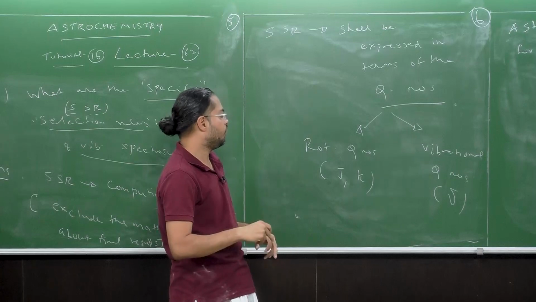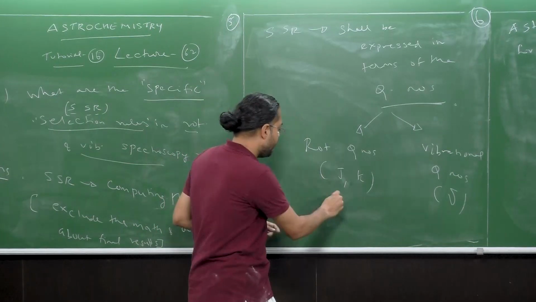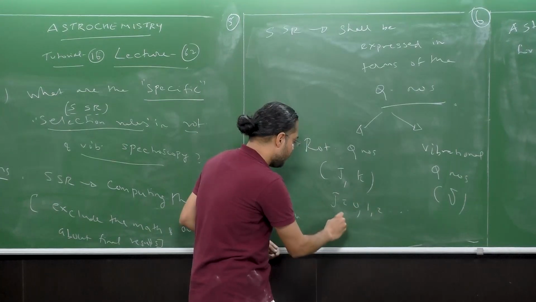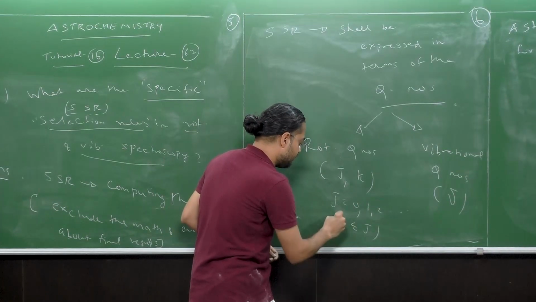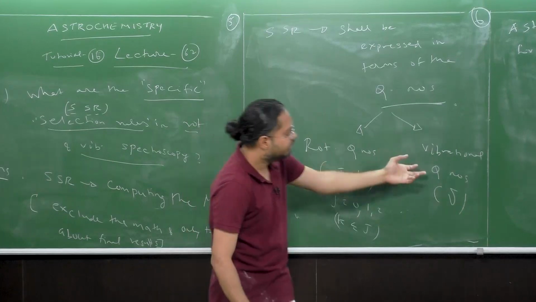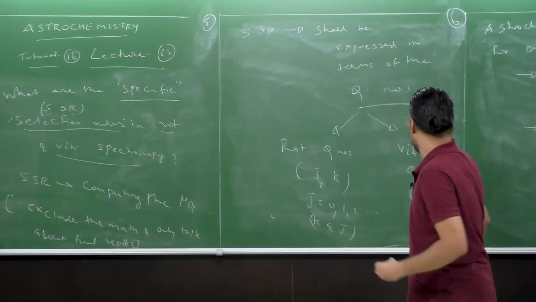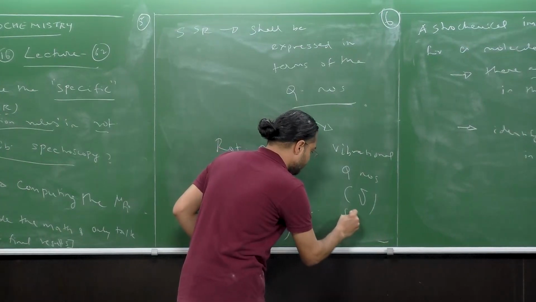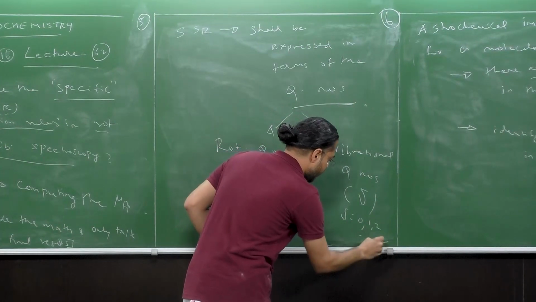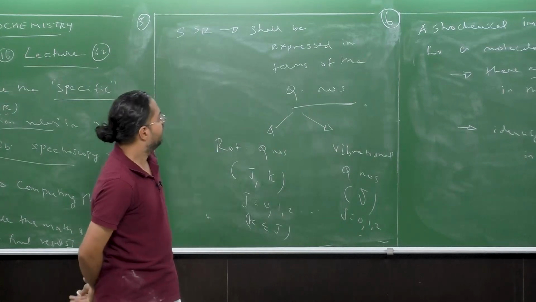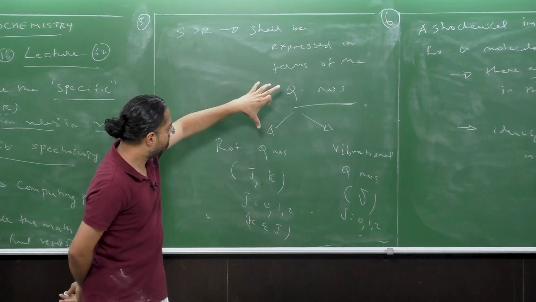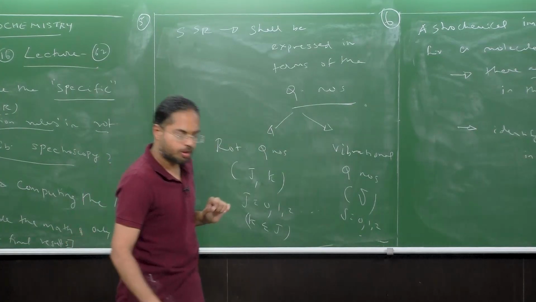So what are the bounds of J? J can be any integer starting from 0, and K is always less than J. Similarly, nu is going to start from 0, and it is an integer also. So the specific selection rules can be expressed in terms of the rotational and vibrational quantum numbers.